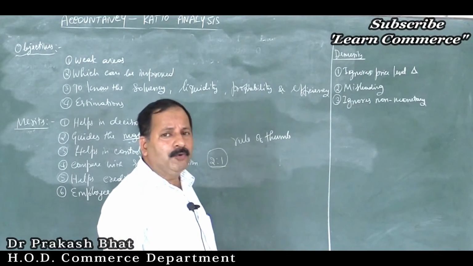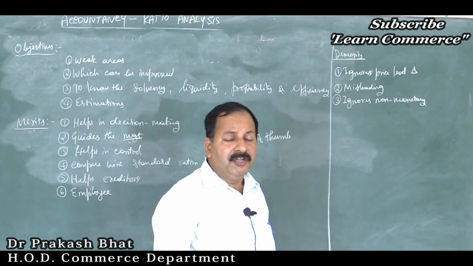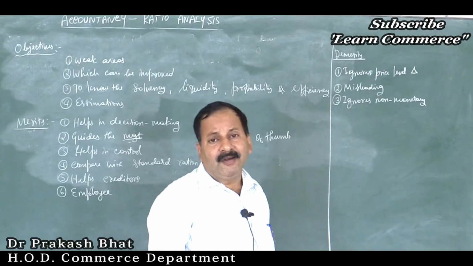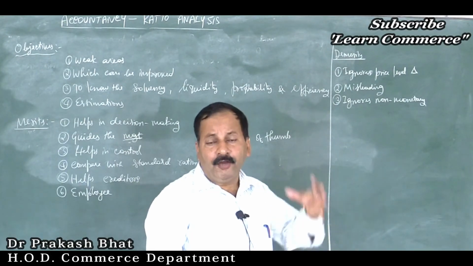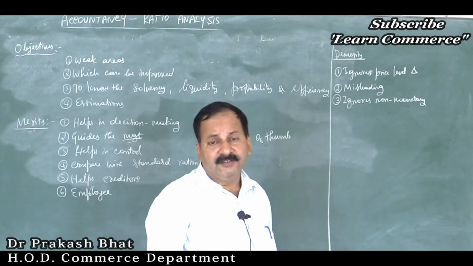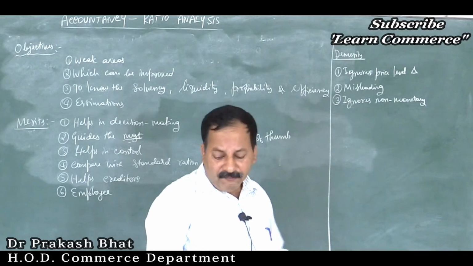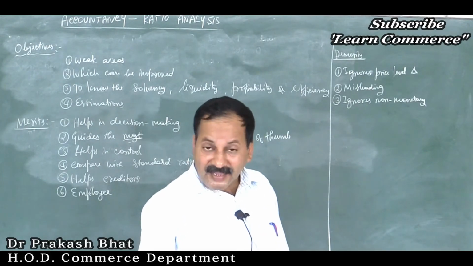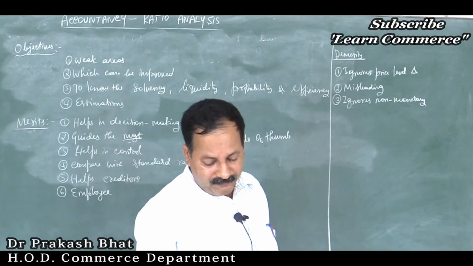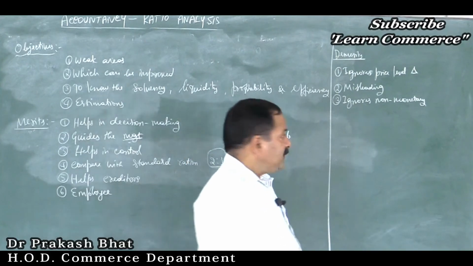Like I already told you in previous classes, the quality of the managing director, good quality of the product, good reputation of the business, or honesty of a cashier, or special talent of the chief executive officer, isn't it? Whether it will be taken into consideration? No, it will not be reflected anywhere in the balance sheet or financial statements. So that is another weakness of accounting ratio. Then variation in accounting practices.